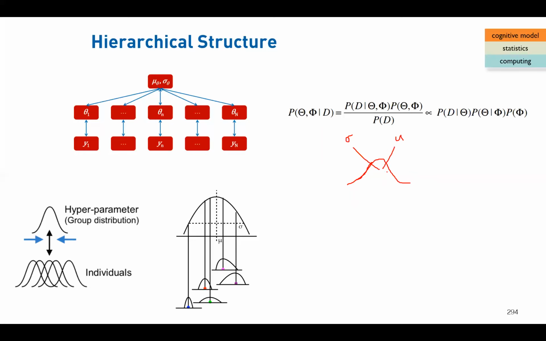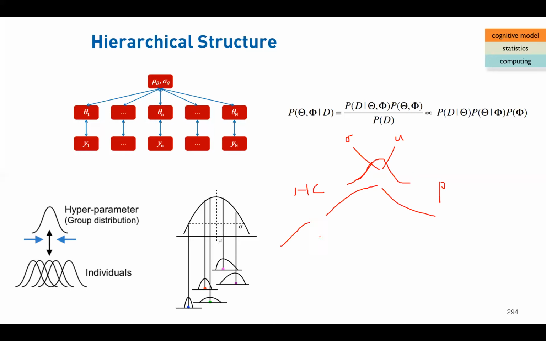Now we say this is too little, because there might be some subgroups underlying this common group. Maybe this is healthy control, and then this is something like patients.